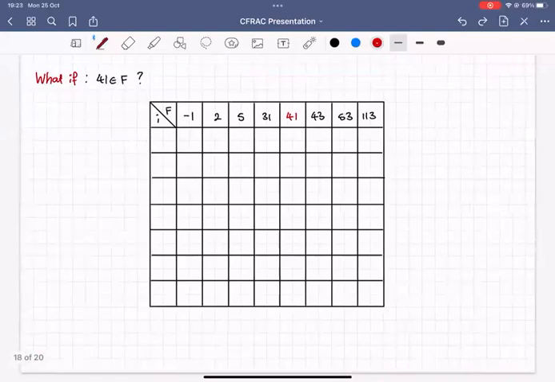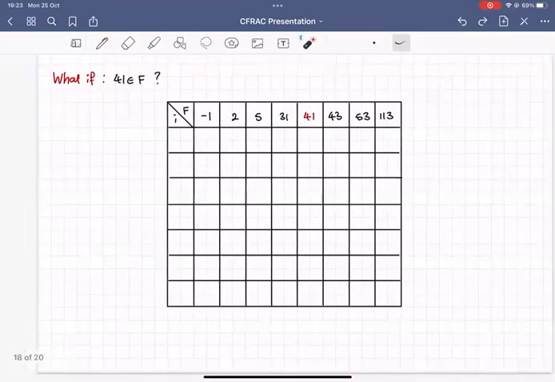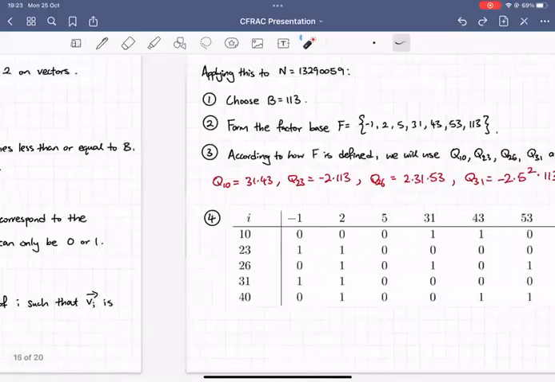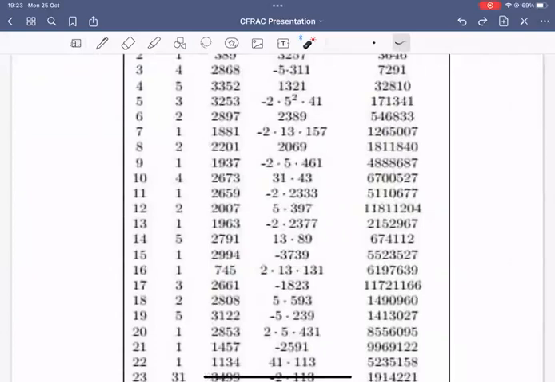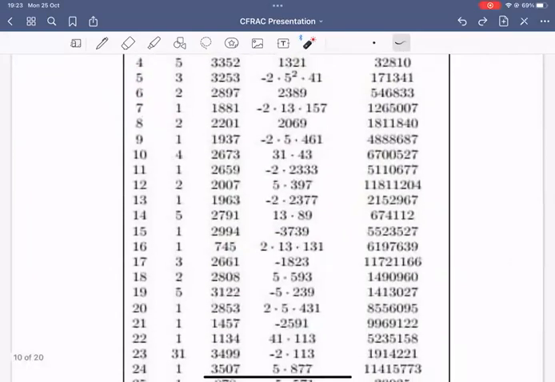So I just have one last thing. What if 41 was in the factor base? Well, then you add 41 in to this column. Before, I said that we couldn't choose 5 because 41 wasn't in the factor base. Now we can choose 5.